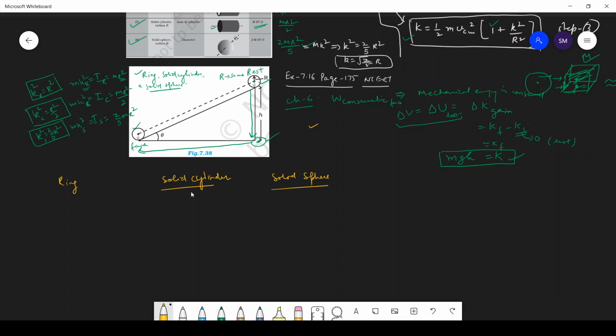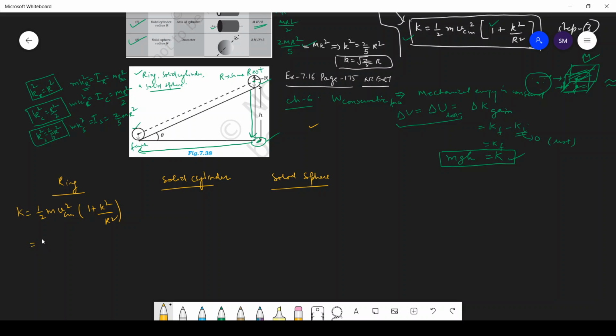Okay. So students, in case of ring, K is equal to half m velocity of the center of mass squared times 1 plus K square by R square.